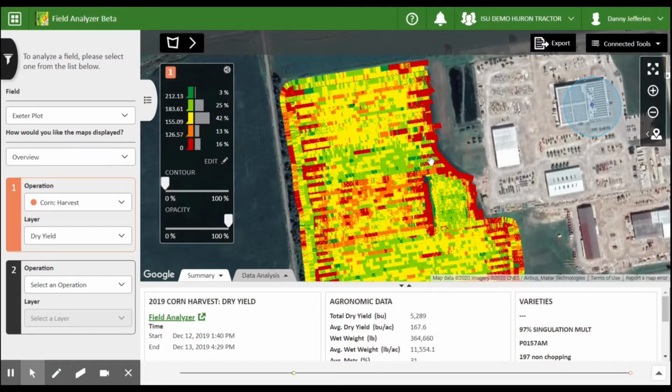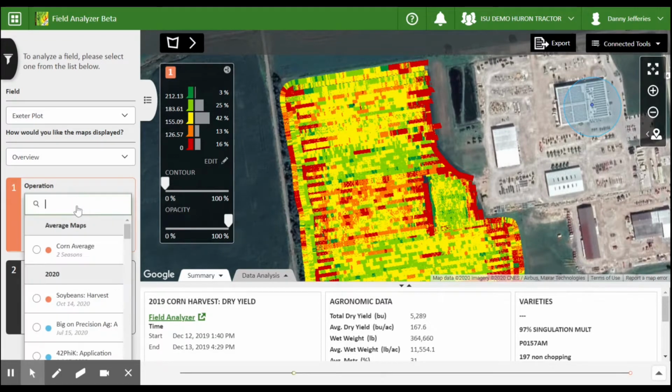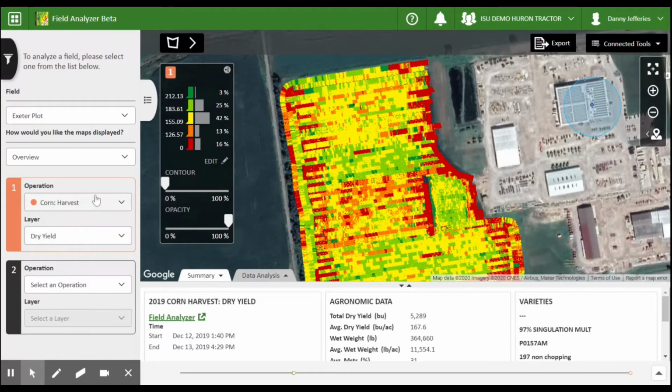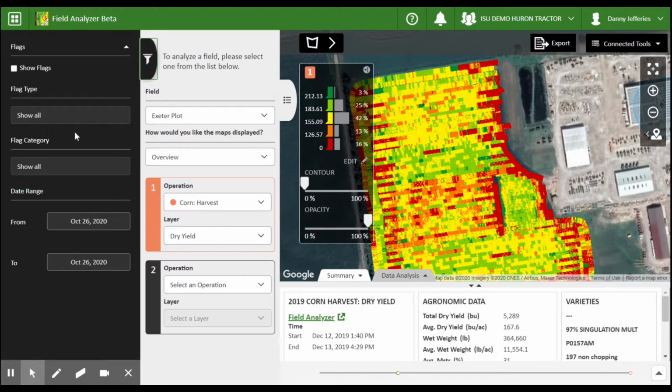Let's dive into Field Analyzer Beta a bit here and take a look at what we did on the Exeter demonstration plot this year. So right here in front of us is our corn harvest from 2019. I wanted to show this map because there was a portion of the trial where we enabled the Stockmaster on our corn header, so the chopping blades, versus a portion of the farm where we did not chop.